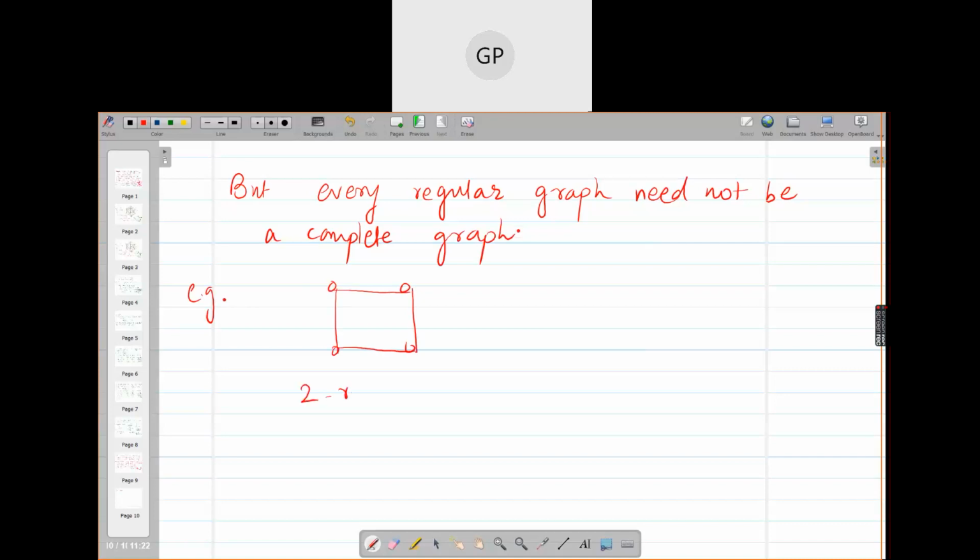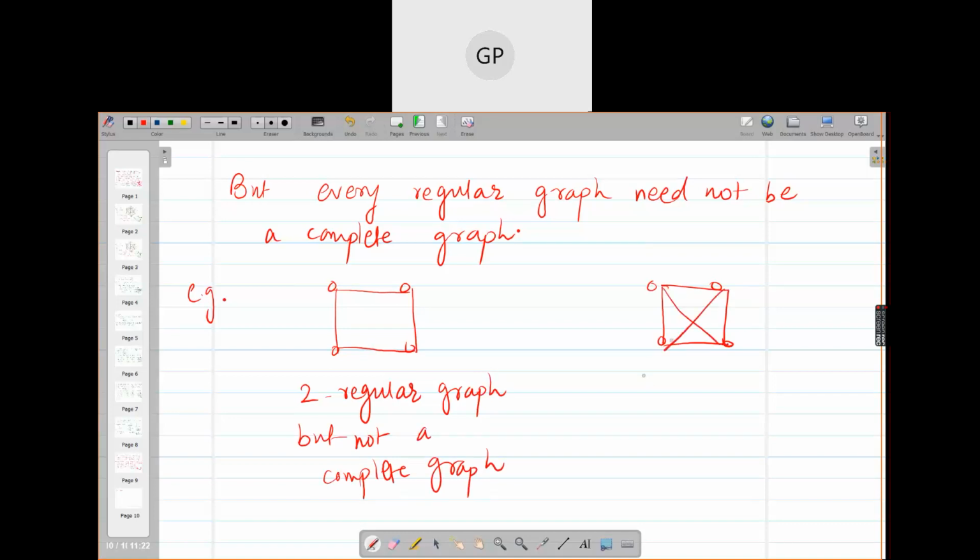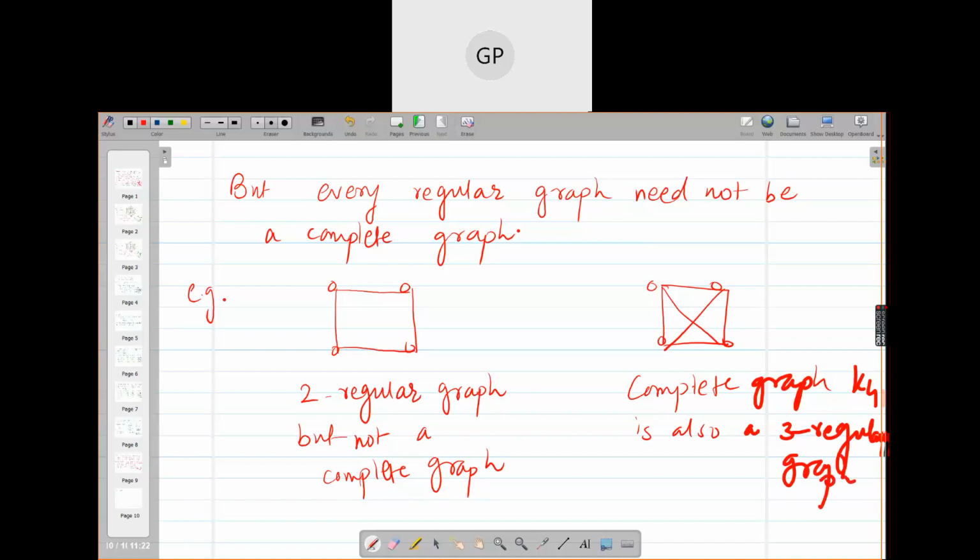So this is a 2 regular graph, but not a complete graph. Okay, and this graph, if I modify it, this is a complete graph. K4 is also a 3 regular graph. Okay, will you remember this?